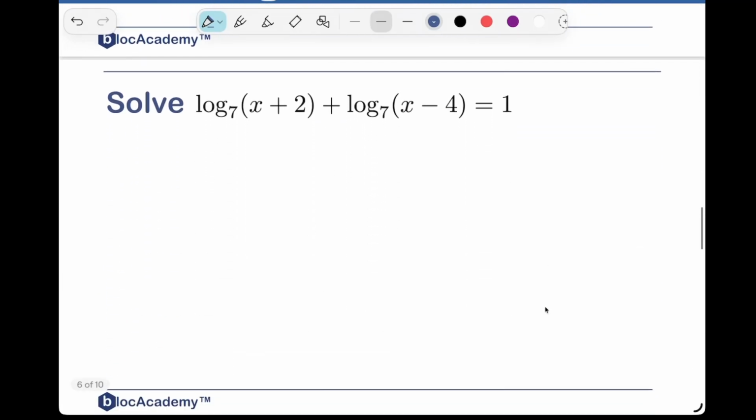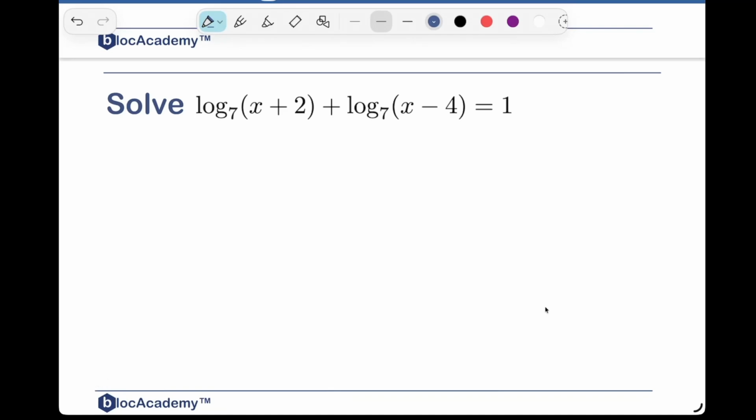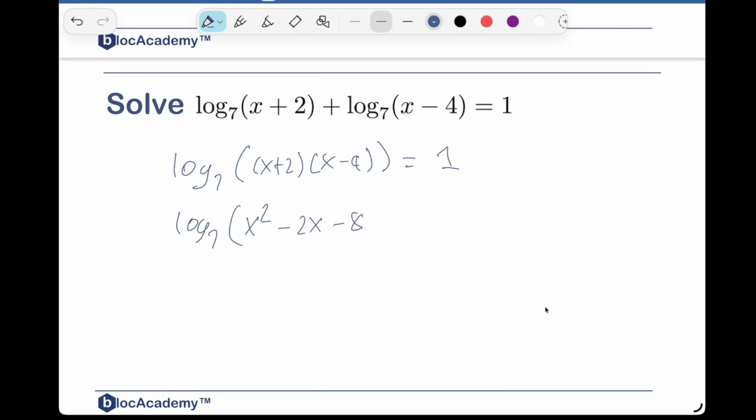Now, let's look at this. They share the same base, and we can use the product law to solve for this. We can rewrite as so: x plus 2 times x minus 4 equals 1. So this is log base 7 of x squared minus 2x minus 8 equals 1. Now, what's interesting is we have our base and our logarithm, so we can rewrite this as so: x squared minus 2x minus 8 equals 7. x squared minus 2x minus 15 equals 0.